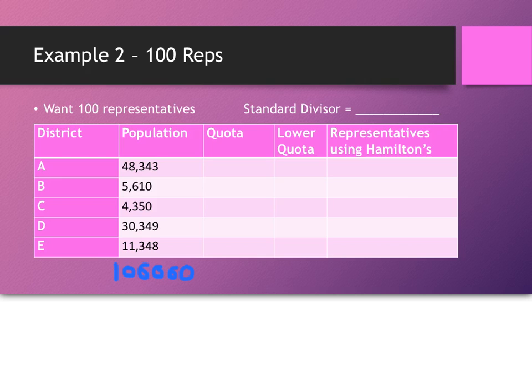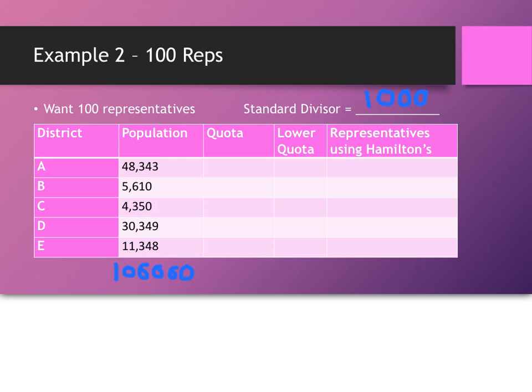And so we have 100 representatives that we want. That means our standard divisor is, once again, a nice even 1,000. By the way, standard divisors aren't always nice integers. Oftentimes, standard divisors will have decimal points and so on and so forth.